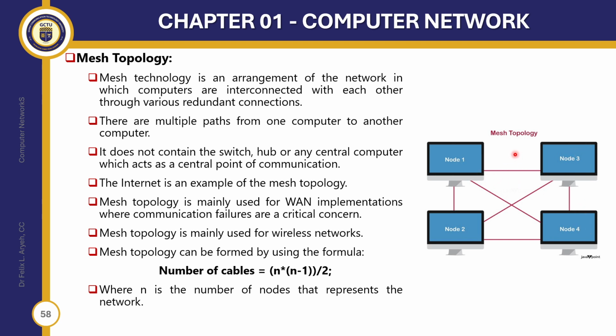So a break in one does not affect the transmission of data. So the mesh topology is mainly used for wireless networks. The mesh topology can be formed by using this formula: the number of cables is n times n minus 1 all over 2, where n is the number of nodes in the network. So that is about the mesh topology.